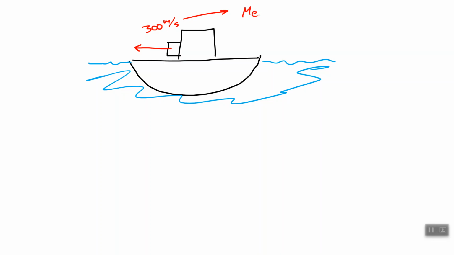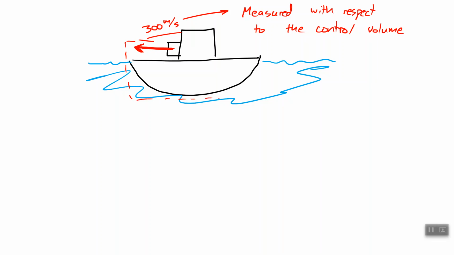So this is already measured with respect to the control volume. The keyword is the air leaves the nozzle at 300 meters per second. So the air is exiting the nozzle, and according to the nozzle, it is going 300 meters per second.